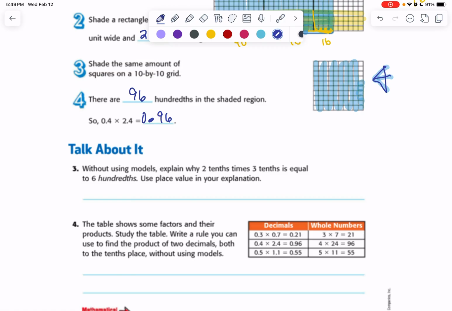So we have 2/10 times 3/10. 2 times 3 is 6, but we wouldn't put the decimal right there because that would make it equal 6/10. Okay? So we need to put a 0 there and make it 6 hundredths because the overlapping area is only going to overlap on 6 squares.